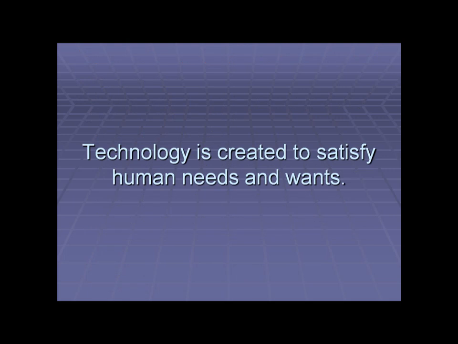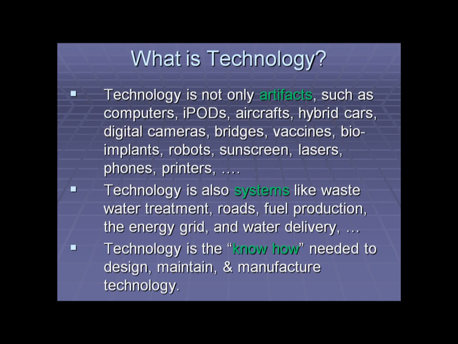So the first technology is created to satisfy human needs and wants. And we have a question: what is technology? Technology is not only artifacts such as computers, iPods, aircraft, hybrid cars, digital cameras, bridges, vaccines, body implants, robots, sunscreen, lasers, phones, printers.